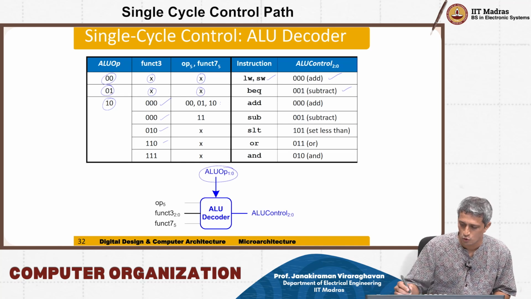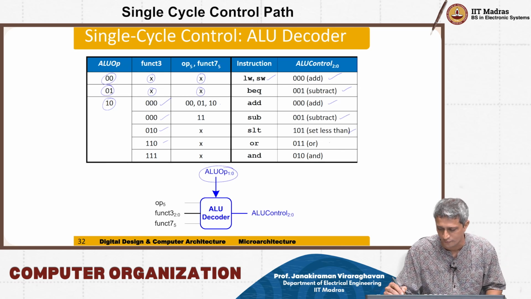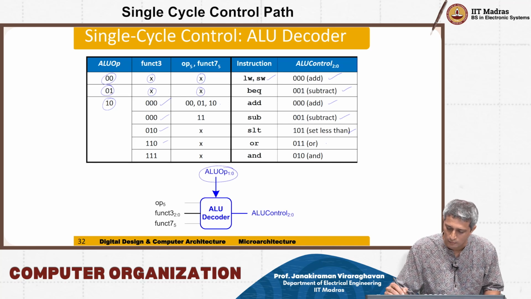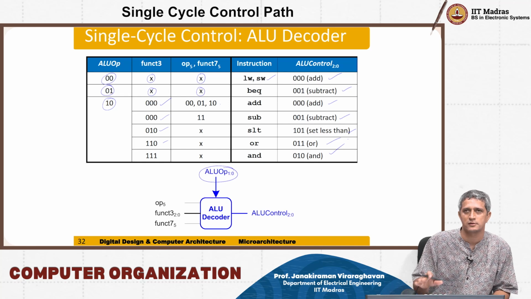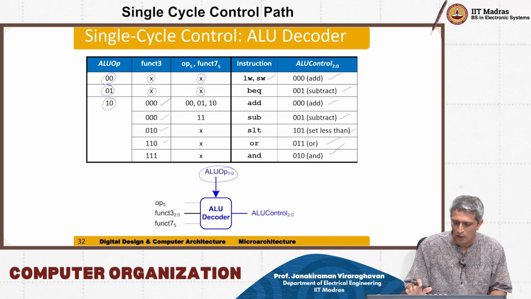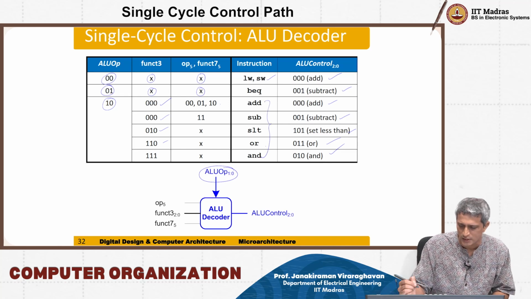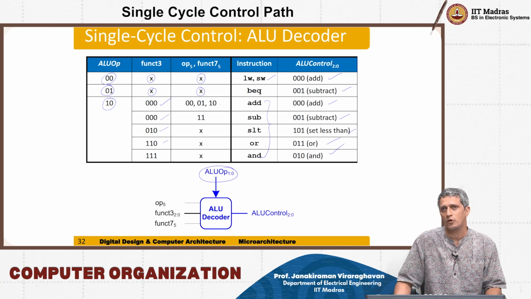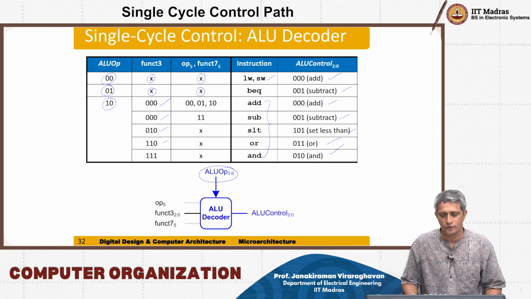So you can do an add, subtract, set less than, shift left, sorry, or, and. Based on this choice you can achieve these functionalities in your ALU. Typically this will be used, it's very obvious, for the register type of instructions, because that's when the ALU is going to get exercised for all types of operations.